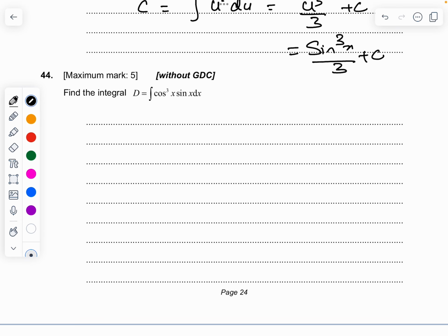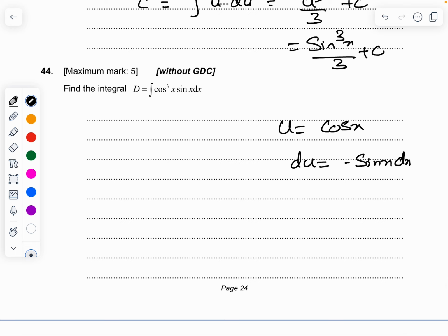Question number 44. Over here u equals cos x. So du equals negative sin x dx. We have 50 questions. We are at the 44th question. So du equals minus sin x dx. So what does it become?